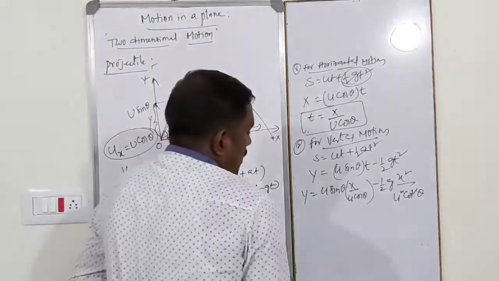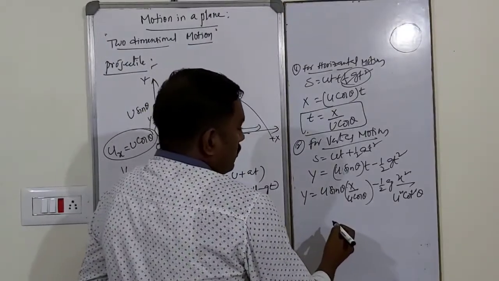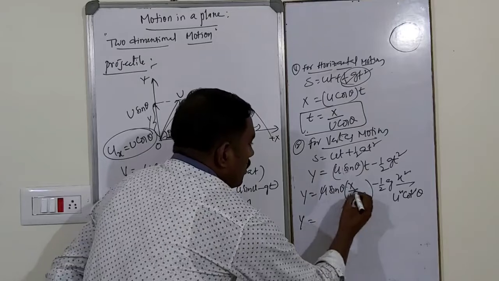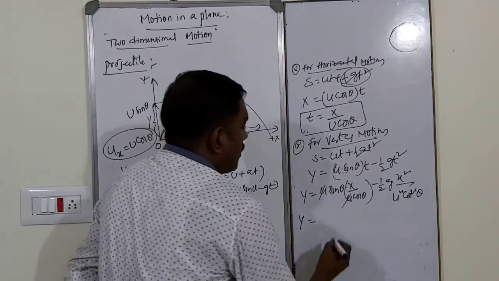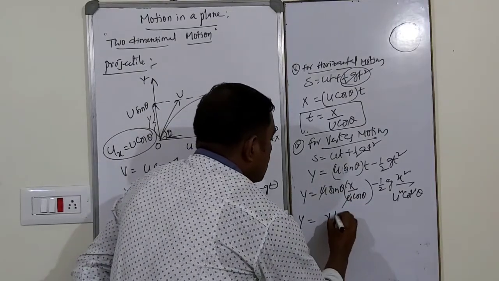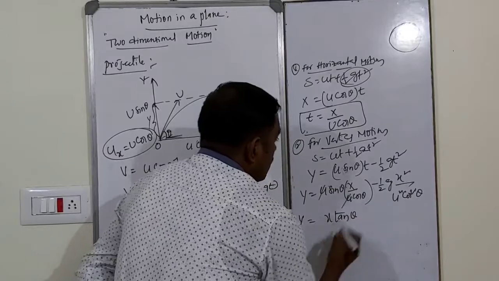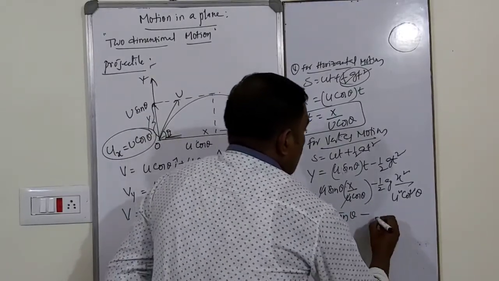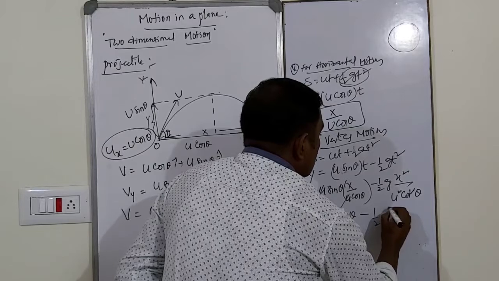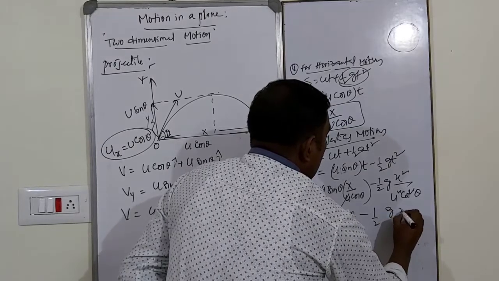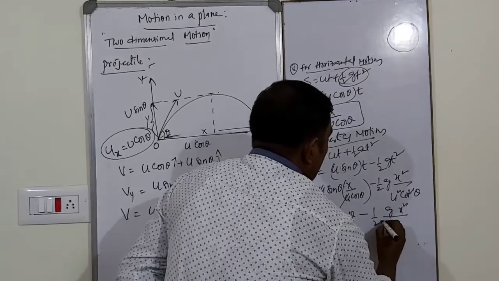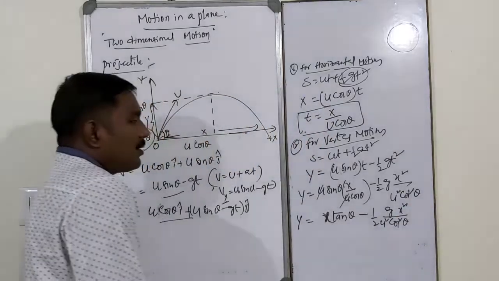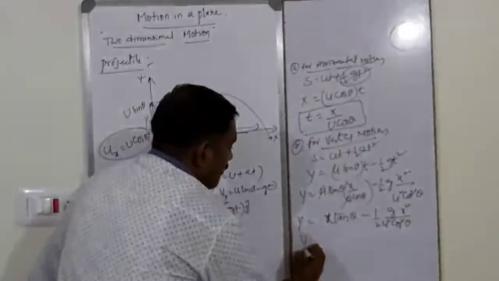So dear students, in this case u gets cancelled out. y is equal to what? sin theta by cos theta, that is tan theta. So x tan theta minus 1 by 2 g x square divided by u square cos square theta. So this is the final equation.